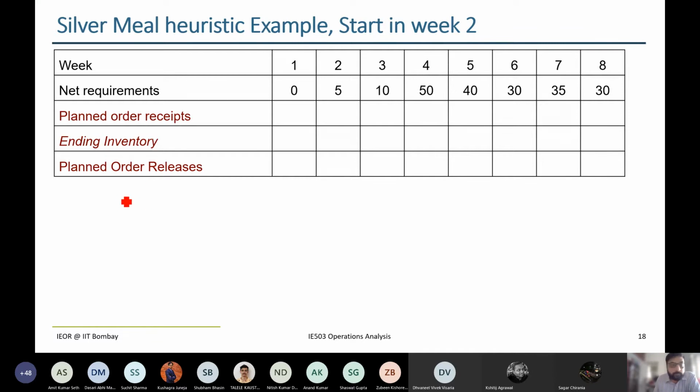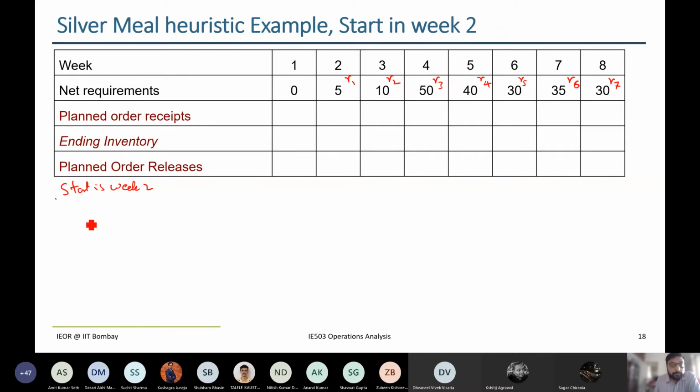So if I start in week 2, then this becomes my R1, R2, R3, R4, R5, R6, R7. So these are my R's.